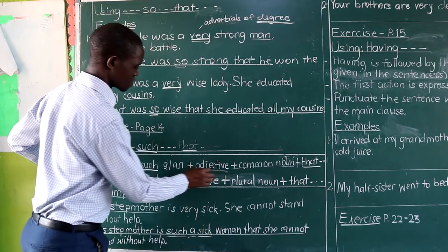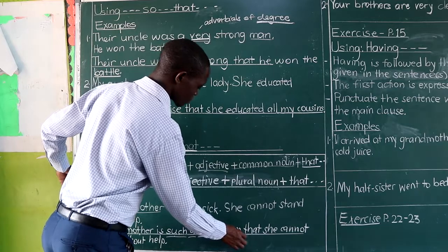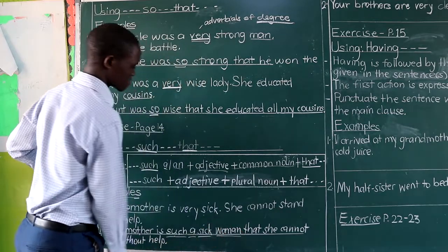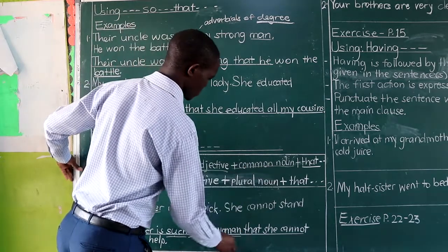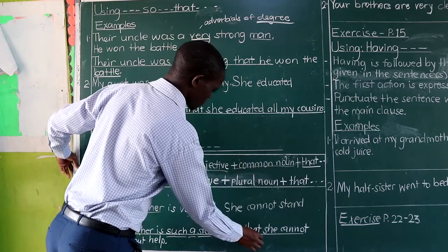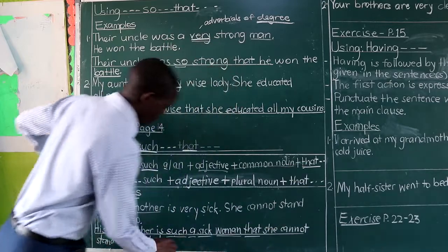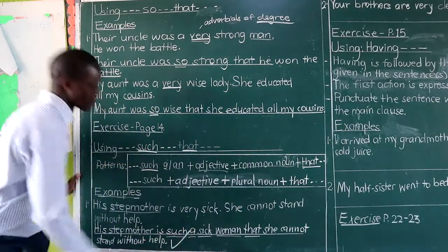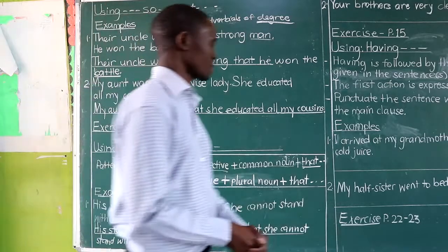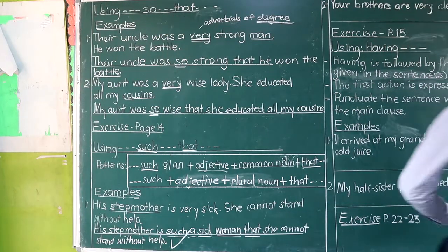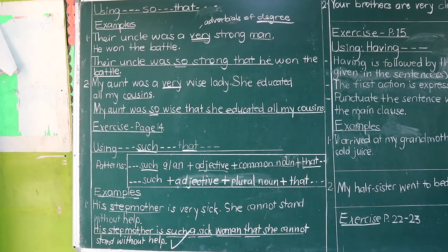After the adjective, we go to the common noun, which in this case is woman. After the common noun, we use that. Meaning our answer is not just correct, but perfect.